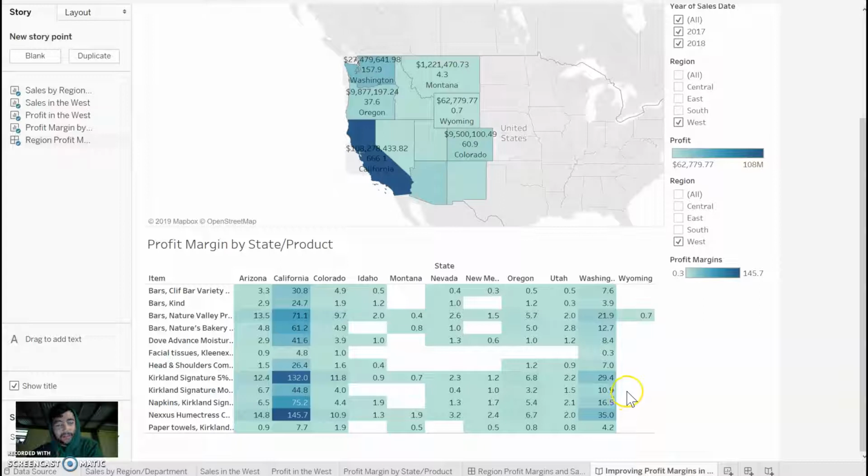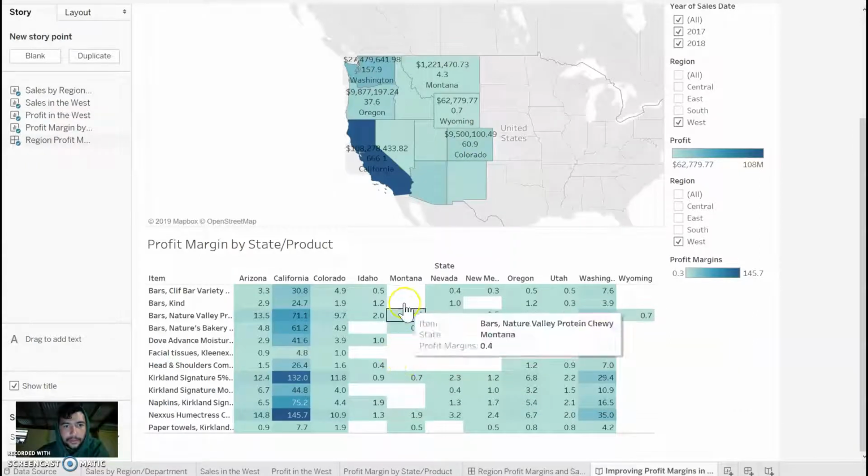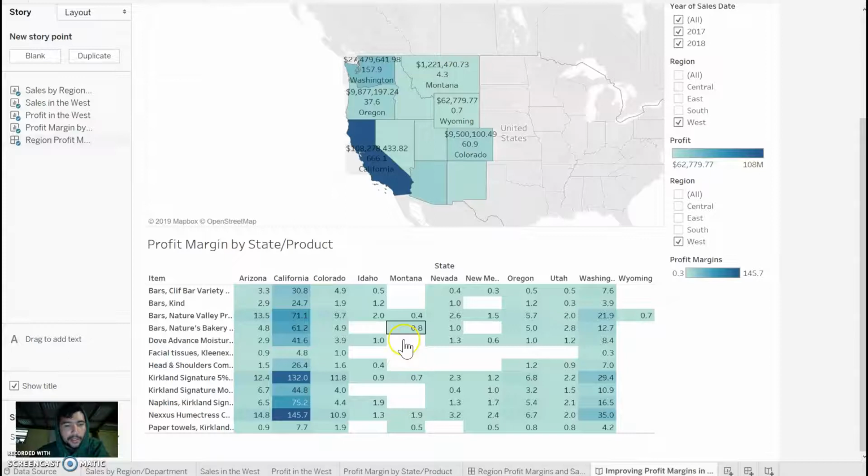Basically, what I've learned from this project is what I mentioned here. It's pretty interesting to know that these came out blank like that. It's probably because, like I said, they're not being sold, or they're producing a negative profit.